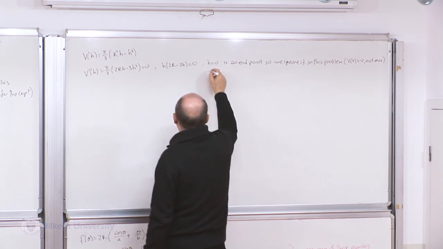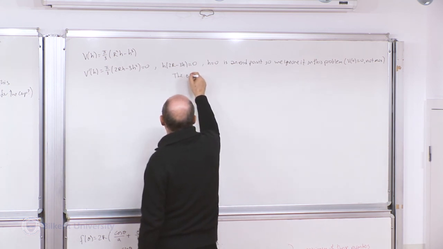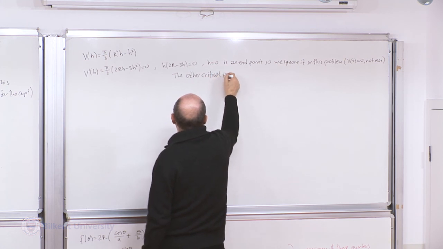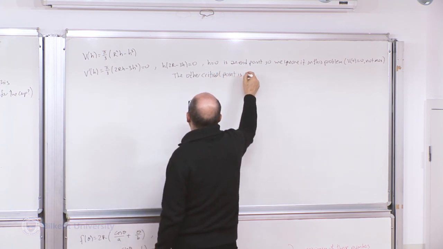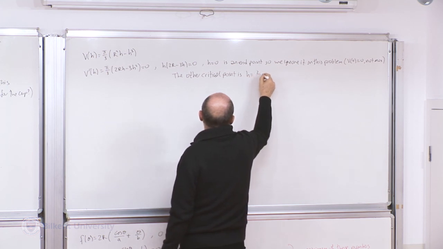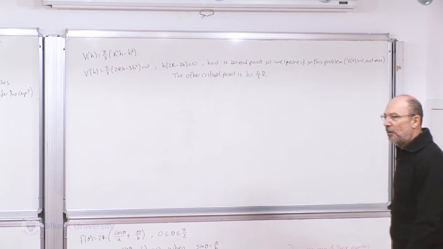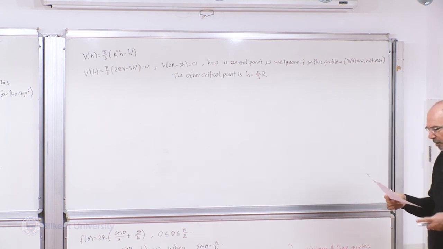So the other critical point is h equals 2 over 3 R. That is well inside the interval.